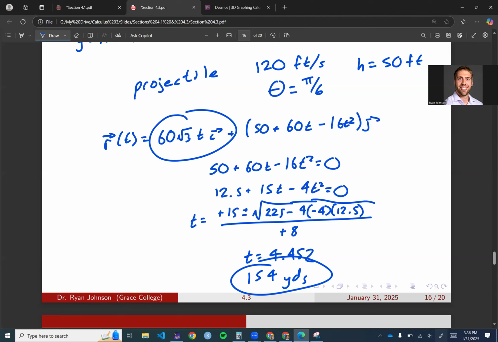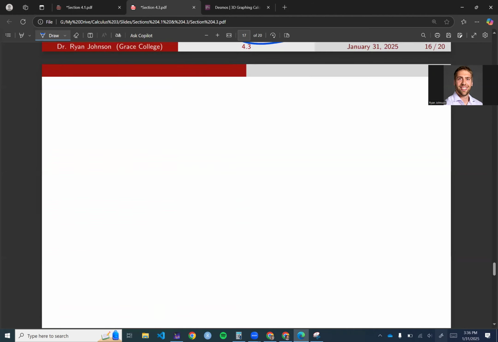Yep. Okay. Now let's take a little bit simpler projectile function of, say, r of t equals 4t minus 3 halves, 4t i, plus 10 minus 3 halves t squared j.